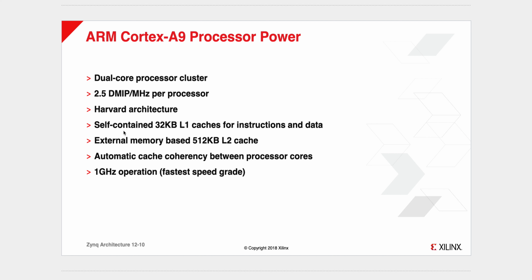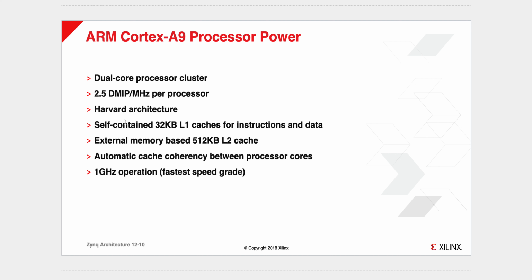A dual core processing cluster means two processing cores which can execute tasks in a parallel manner, allowing high performance and high efficiency for multitasking and solving complex operations.